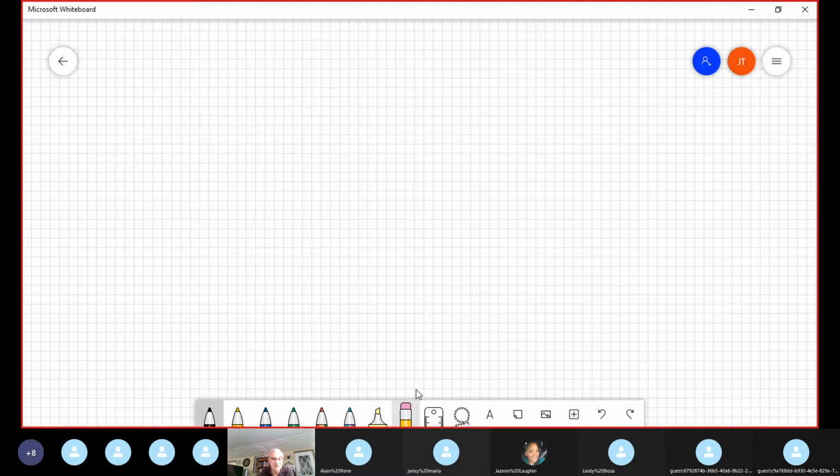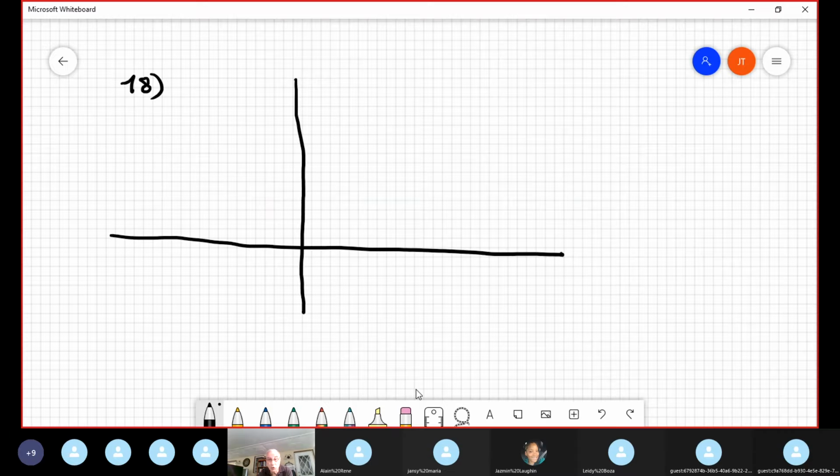Problem 18 is also easy, but it's confusing, because it's a function that is given graphically. No equation, graphically, and you evaluate at different points. For example, this is -1, this is 0, this is 1, 2.